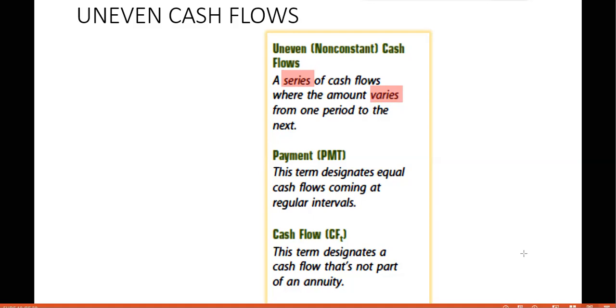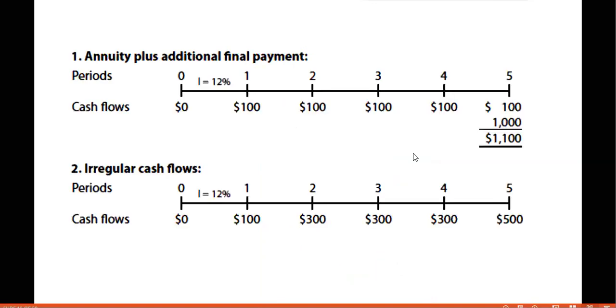So we have uneven cash flow. Uneven cash flow means the amounts are different from one period to another period. Here is the example. You can see in annuity, we have just completed annuity.